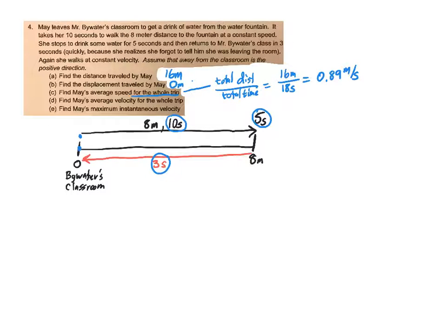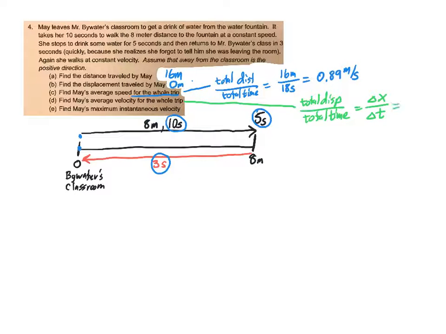Now we're looking at average velocity. Looks like I'm going to need a little more space here. Average velocity is total displacement divided by the total time. Sometimes we just write that as delta x, our displacement, the change in our position, divided by the total change in time.